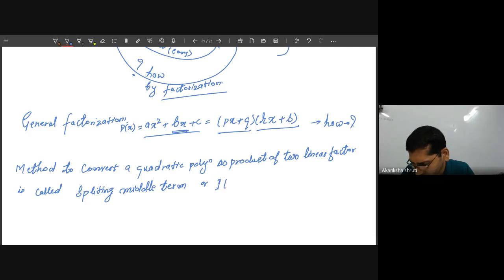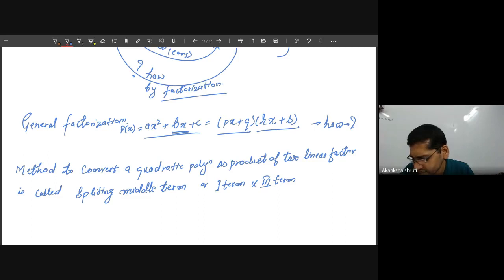So first term into the third term method.